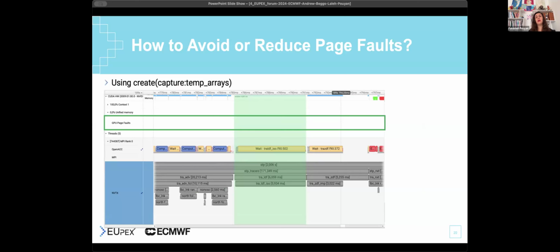As you can see here, page faults are gone, and the time of TRA LDF reduced by a factor of 10. And here we see that page faults can have a real impact on performance. So we need to care about temporary arrays inside the code as well.